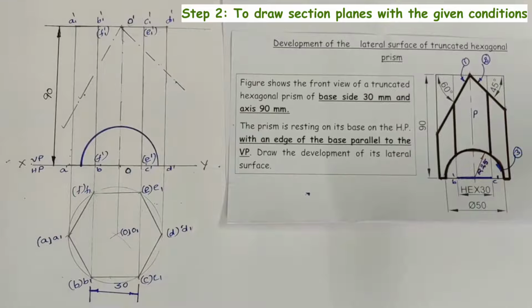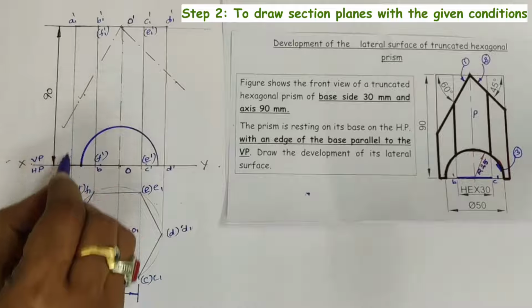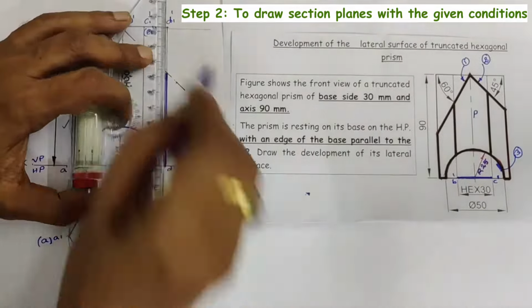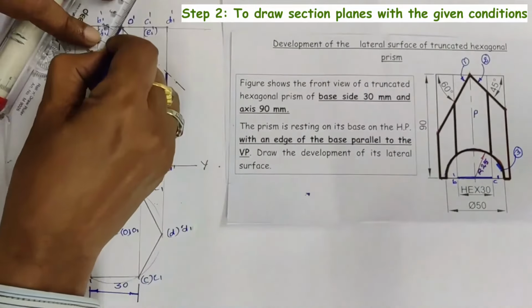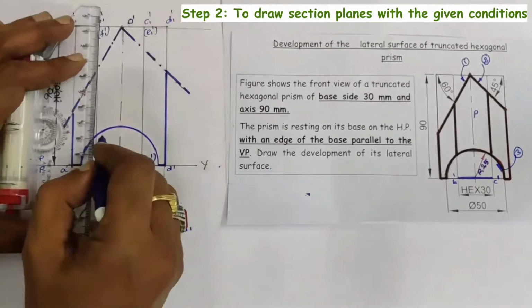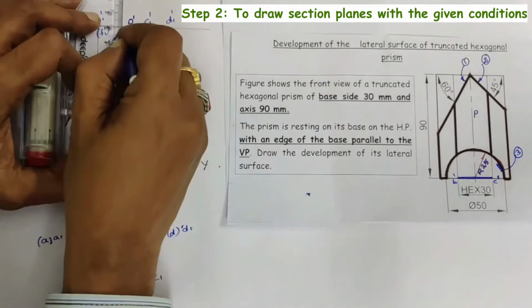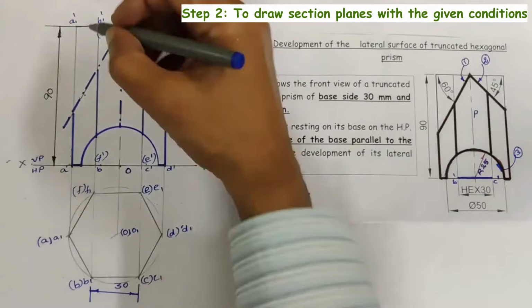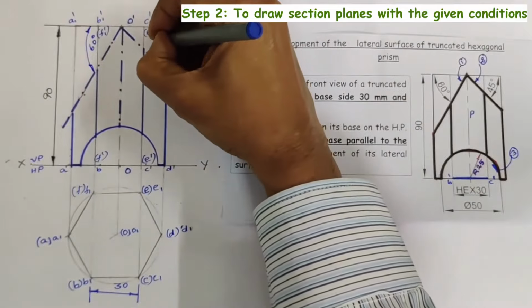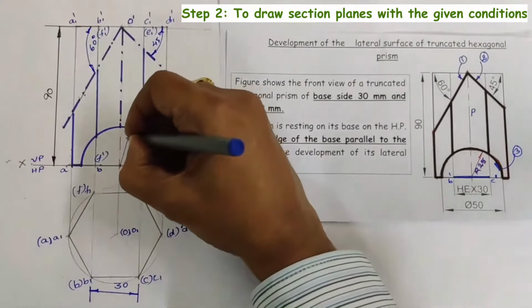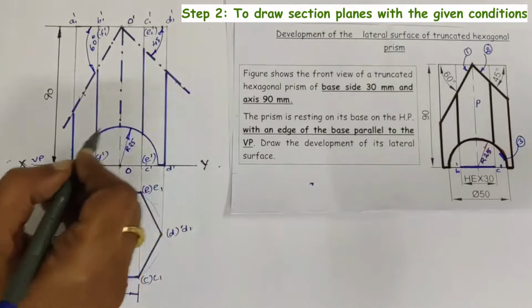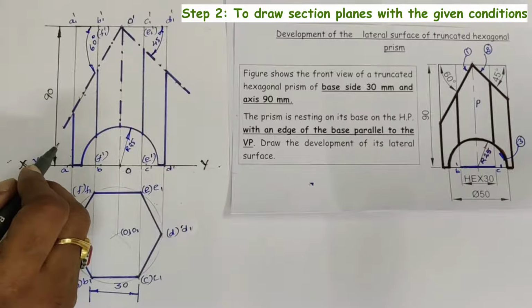After that, dark this region. Drawing section plane lines in front view is completed.